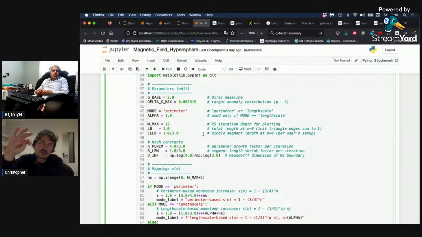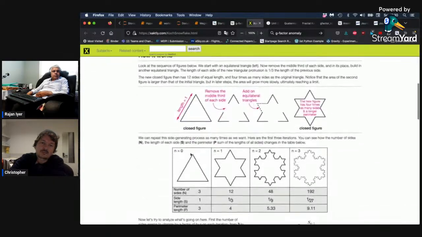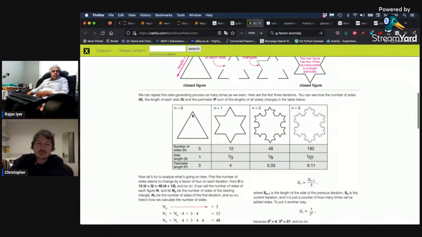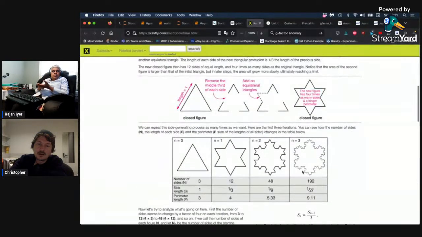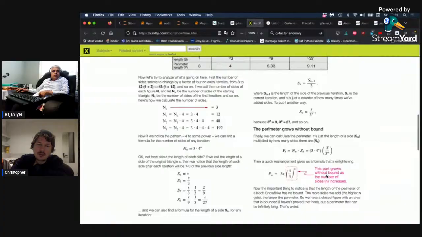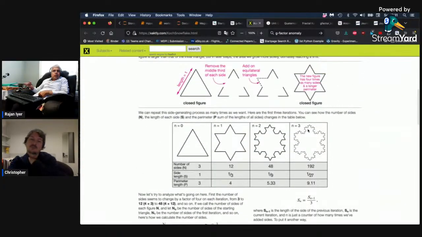But if we're getting closer and closer to this quantum scale, we suggest it becomes more granular, which is a bit like this Koch snowflake, where you can imagine it's smooth, then it gets rougher, and as n increases, it gets more and more bumpy. Or like this coastline, it looks a bit ragged, but as you get closer and closer, it's going to get more complicated. So I think that's what I'm suggesting. So as you get down here.